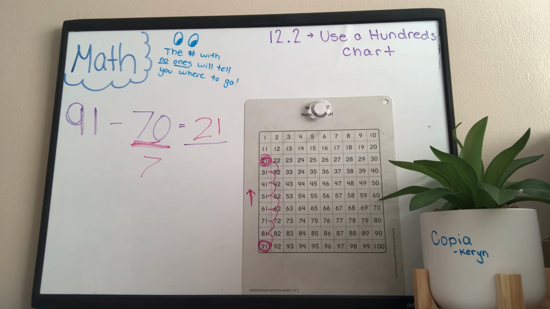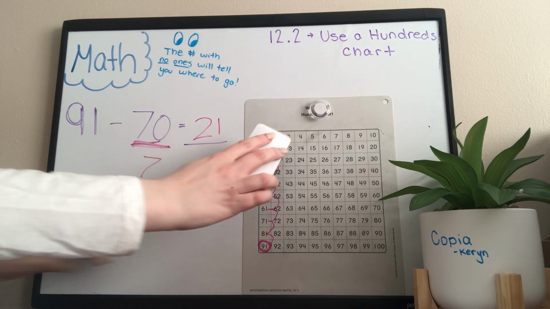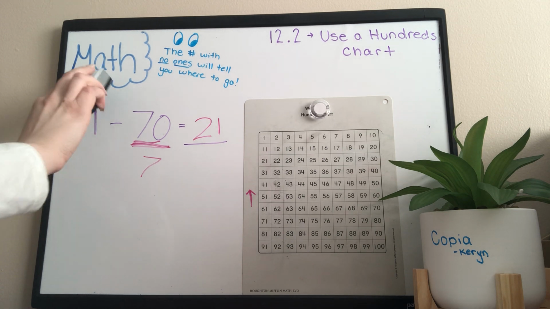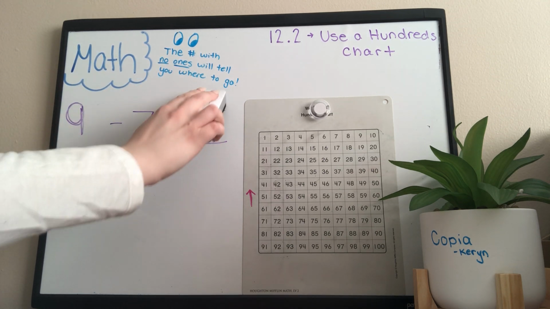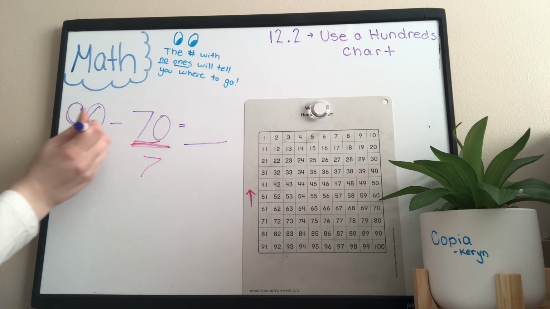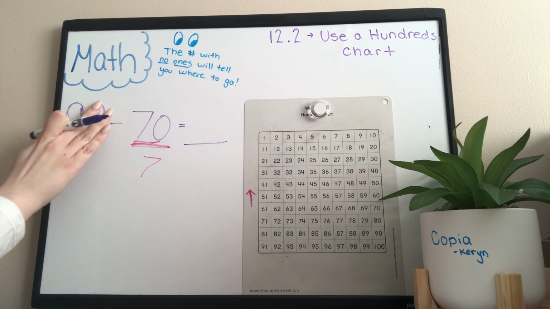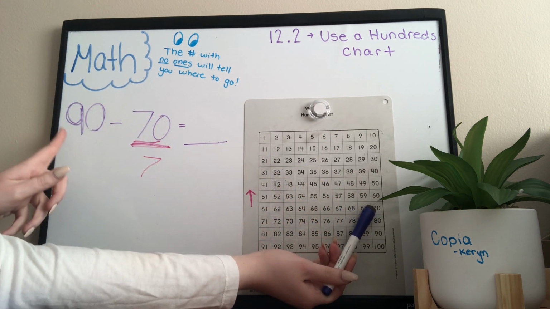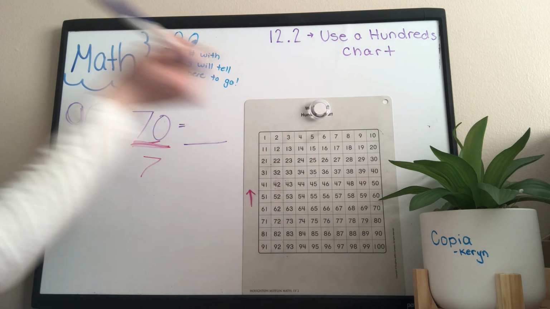I have one really quick trick to show you. It also kind of goes with why we always need the bigger number first. So what if I switch this up a little bit? And what if I said 90 minus 70? Hi, Jake. Think about it. Would we be able to start at 70 and go back 9 spaces?